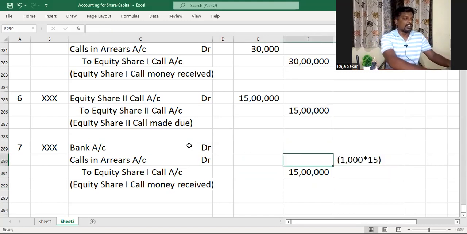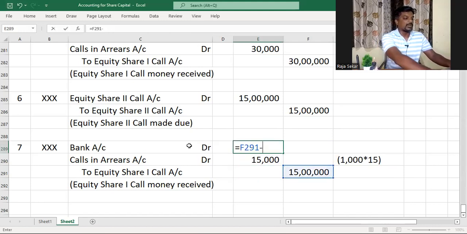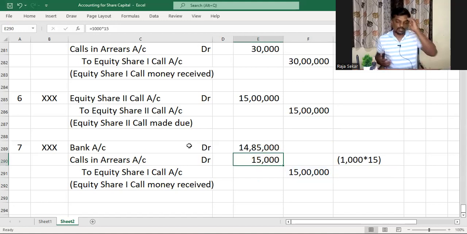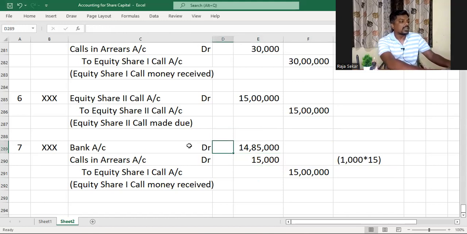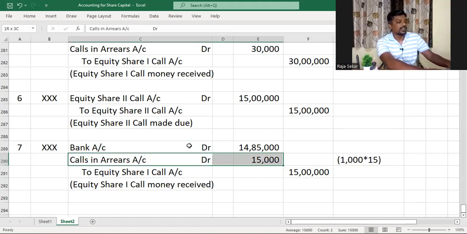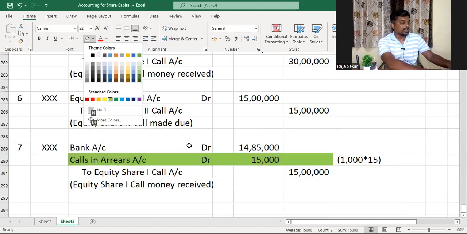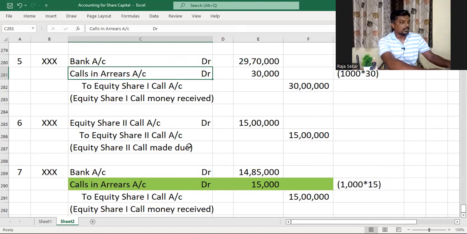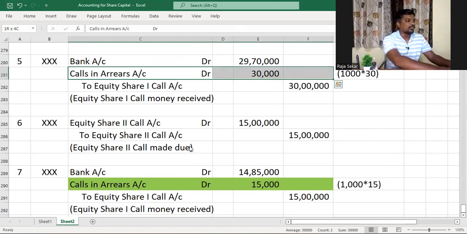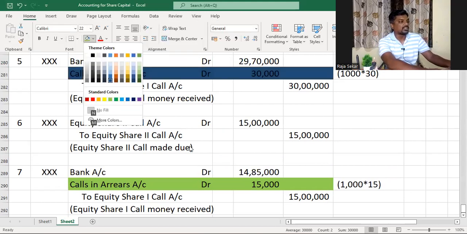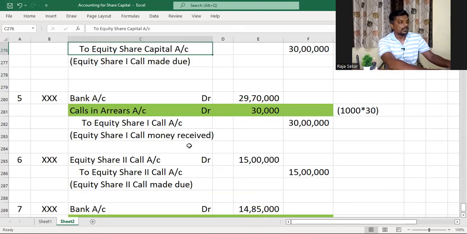So the total amount of arrears would be 1,000 into 15, which is 15,000, and the amount received by us in the bank would be, the rest of the shareholders paid, and therefore 15 lakhs minus 15,000, 14 lakh 85,000. So that is how you account for calls in arrears, my dear children. Whenever there is calls in arrears, you account for it when you receive that amount for that particular call. Everything else is the same.